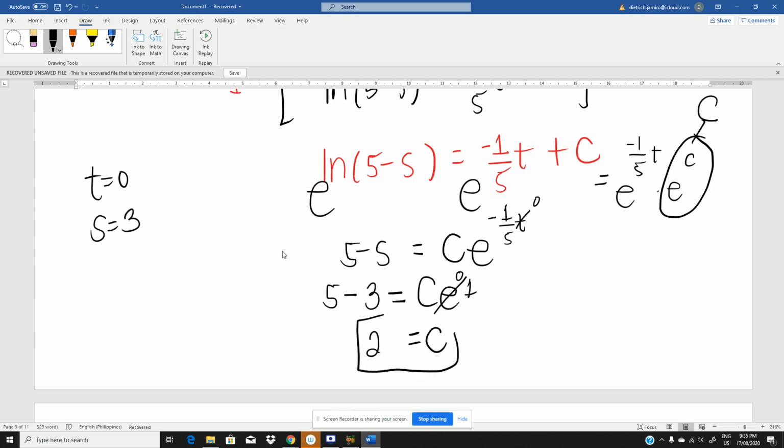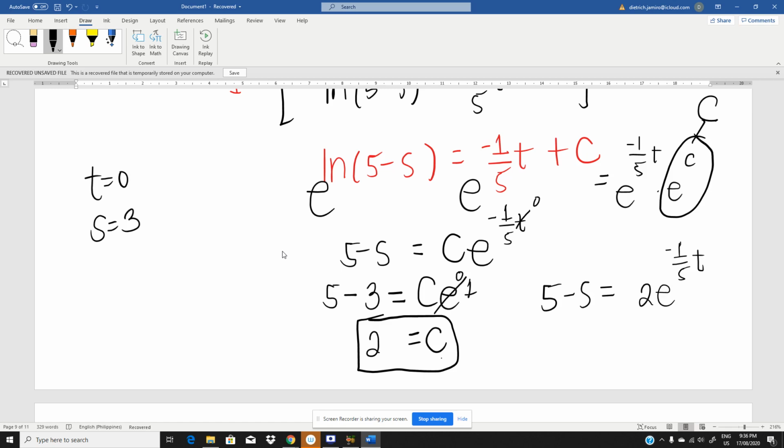So substituting this into our equation, we will have 5 minus s is equal to 2 exponential of negative 1 over 5t.